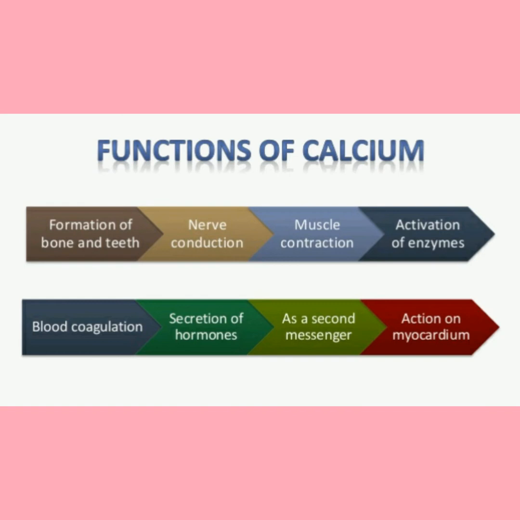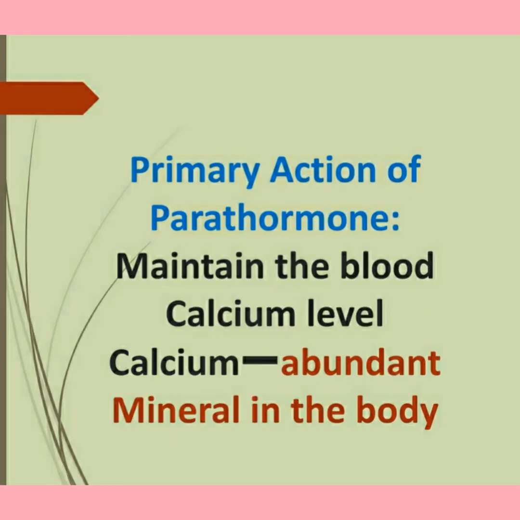So calcium ions are very important for the human body, because several essential activities depend on this ion. So we know that the primary action of this hormone is to maintain the blood calcium level. As we know, calcium is the most abundant mineral in the body and it is involved in several activities.